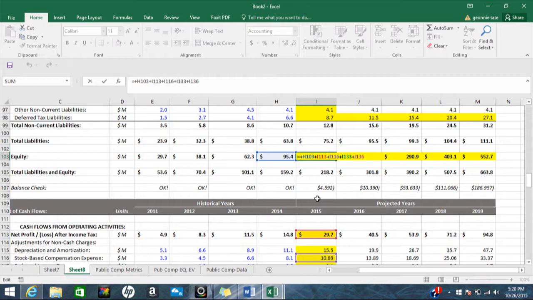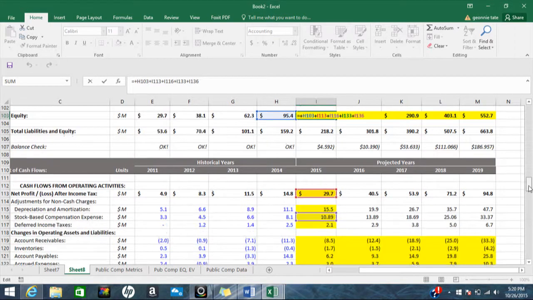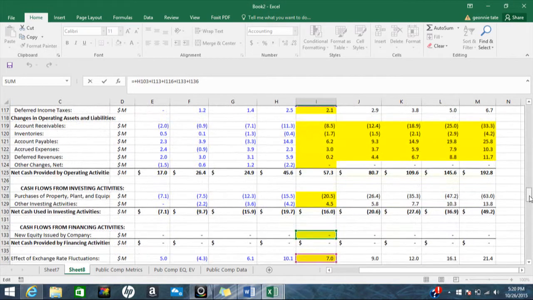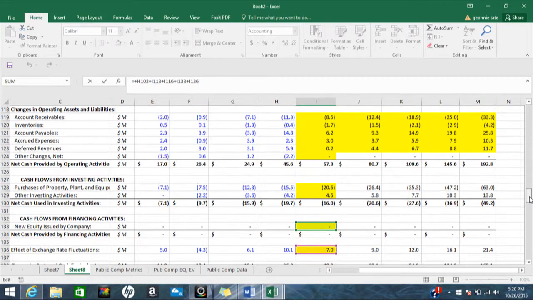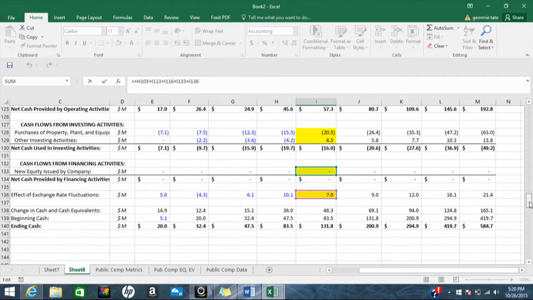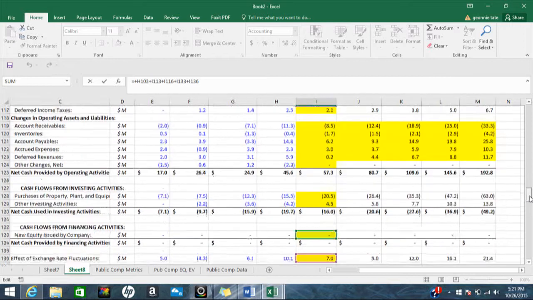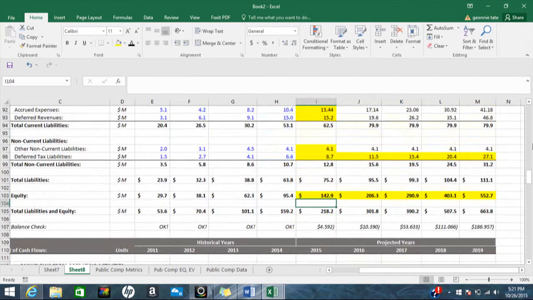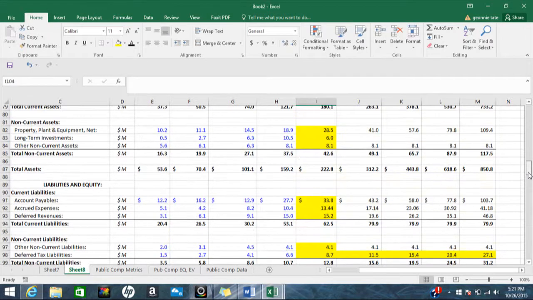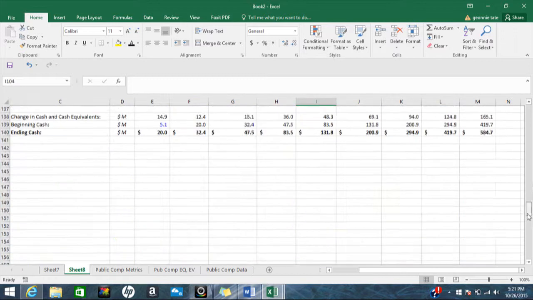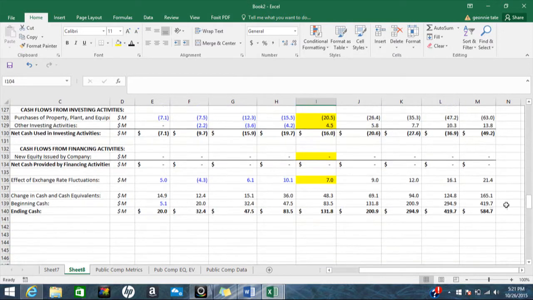So I'm supposed to add stock-based compensation. Exchange rates. Okay. 131. Checking to make sure my cash copied over correctly.